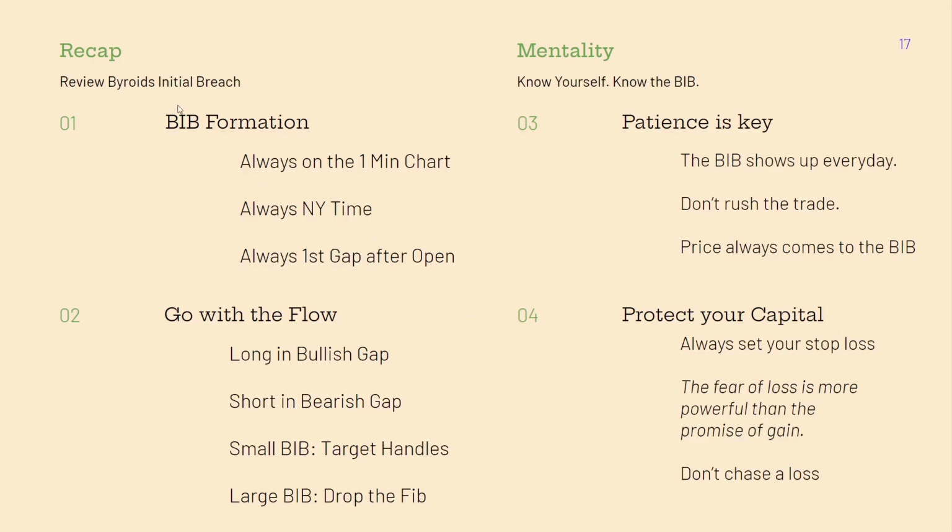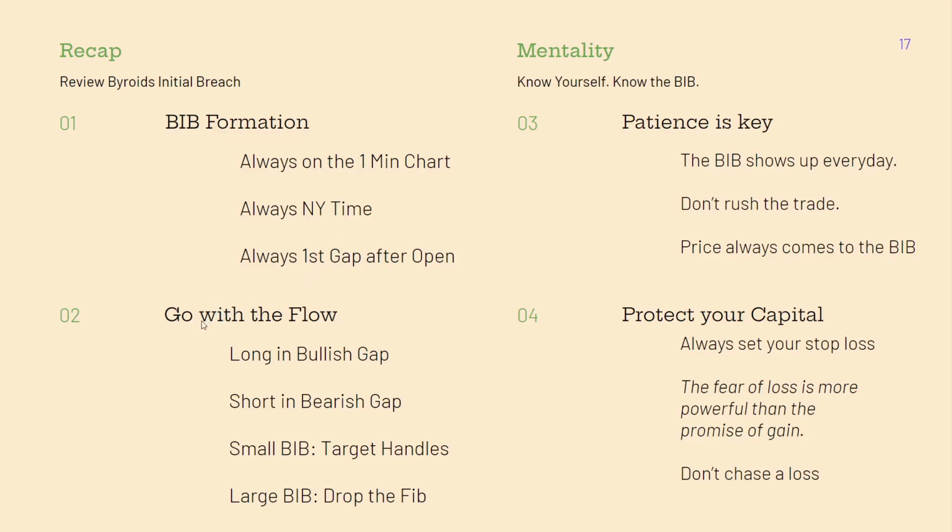This Byroid's Initial Breach forms always on the 1 minute chart and always after the first gap opens in New York time, Eastern Standard Time, to make sure you are in sync with these markets. Now you want to make sure you don't use the gap from the 9:30 candle, always after 9:30.